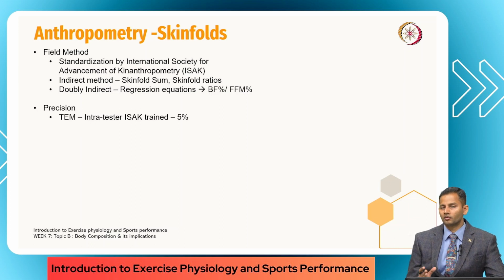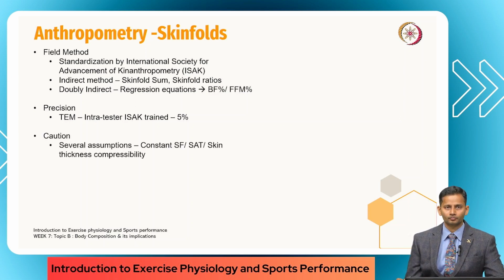If you look at the precision of this method, precision means repeatability. When you repeat, what is the difference? It is generally seen that the error expected between ISAK trained measurers is only 5%, which is okay.